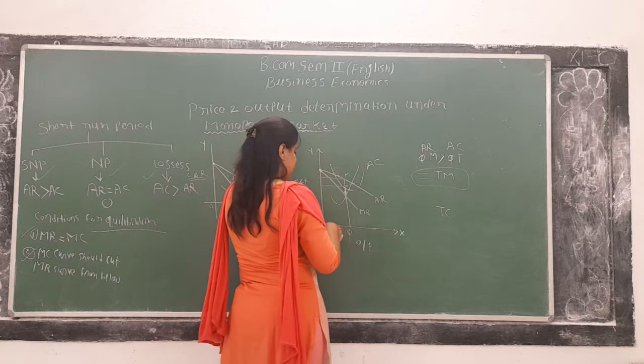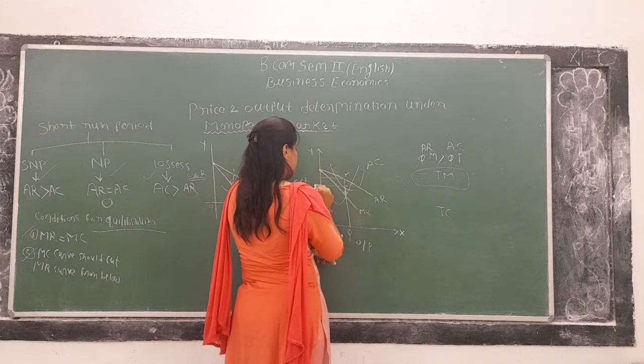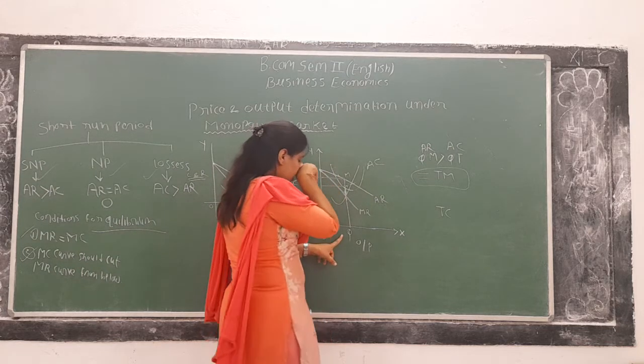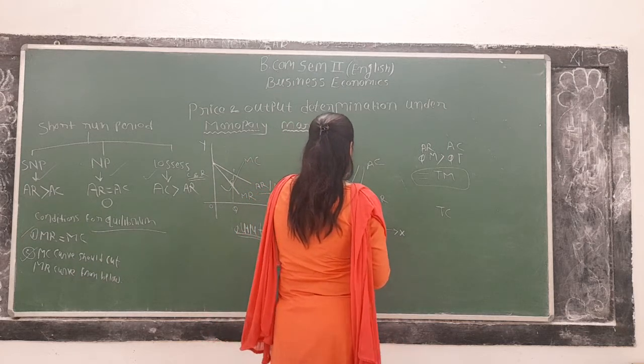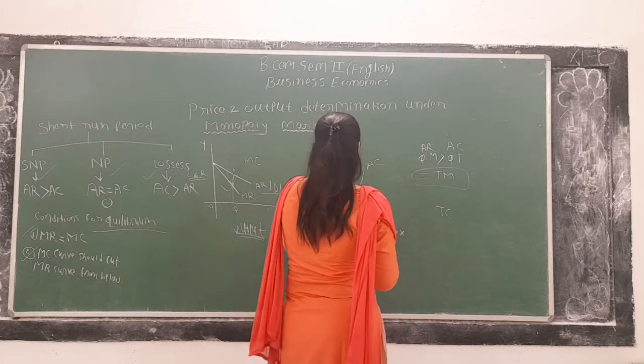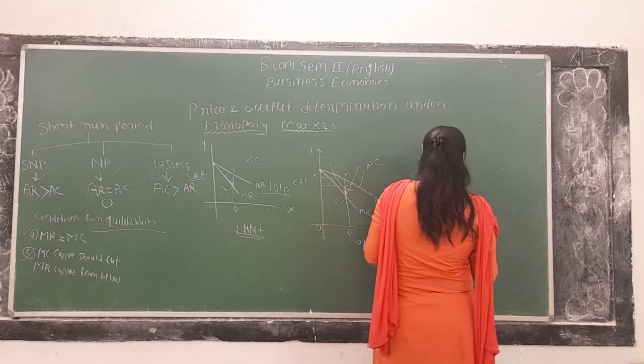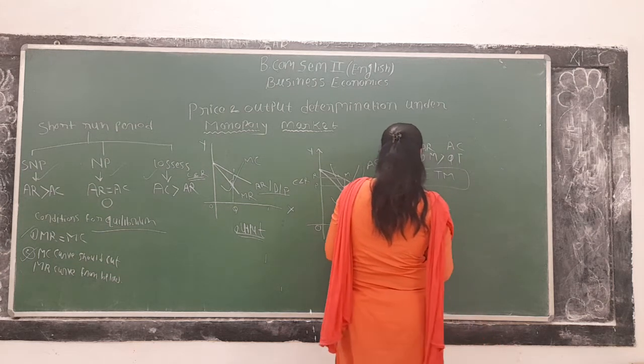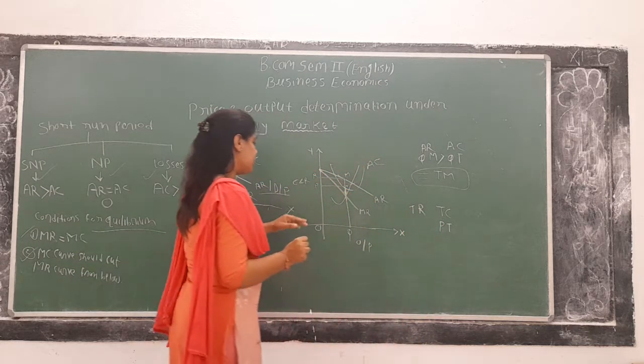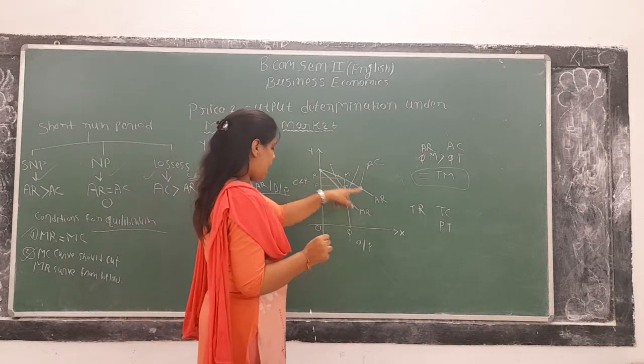For producing OQ quantity, we are going to give it P and R, and total cost is PT. Total revenue is RM.